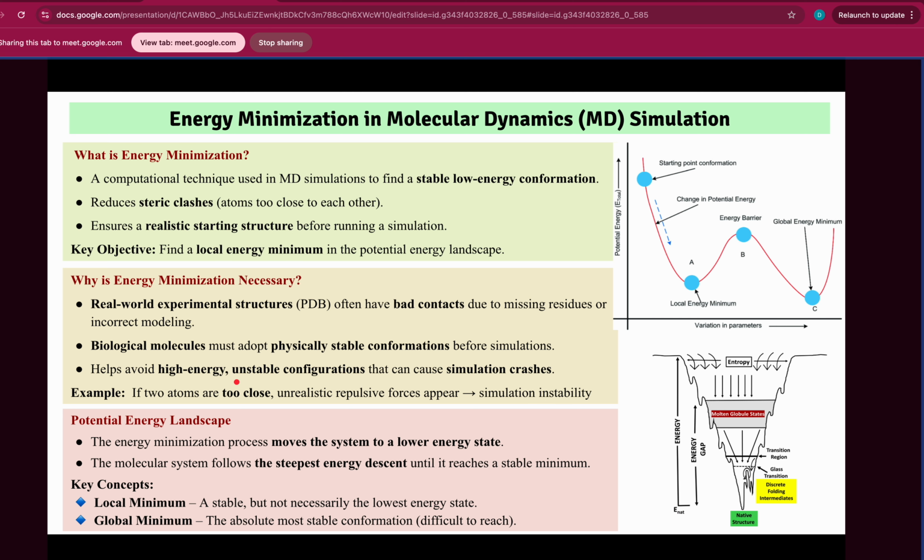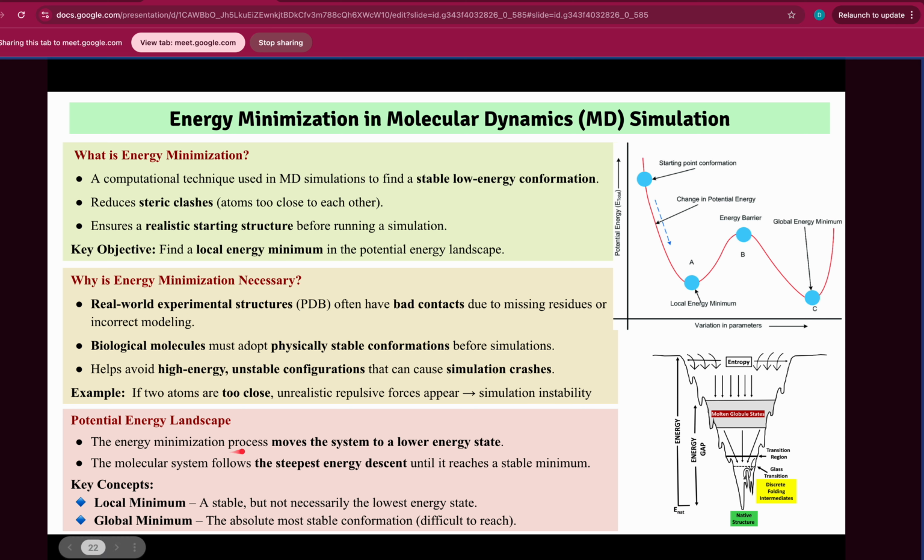It helps avoid high energy unstable configurations that can cause simulation crashes. For example, if two atoms are too close, then an unrealistic repulsive force will appear, which will lead to simulation instability. That's why we have to go for energy minimization.